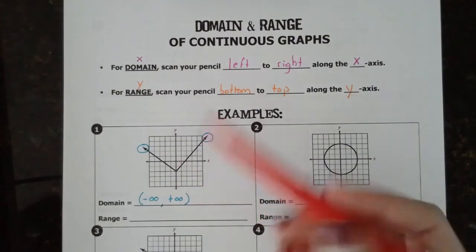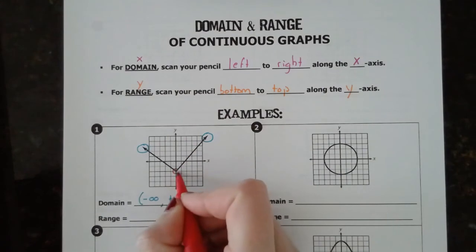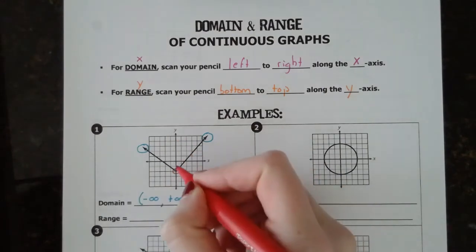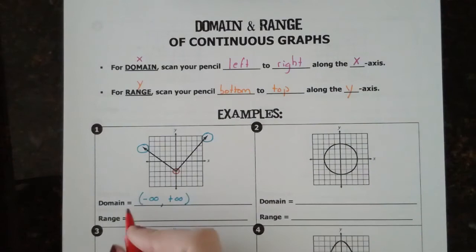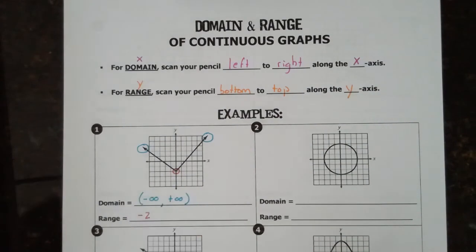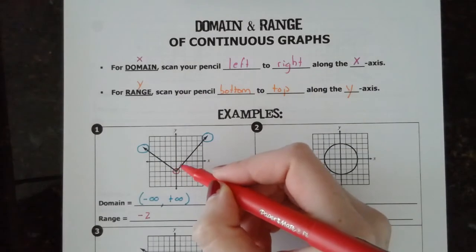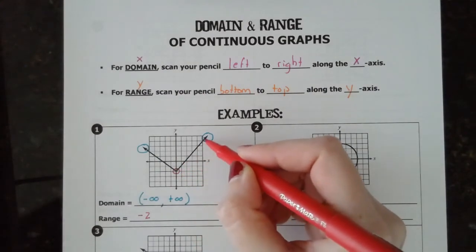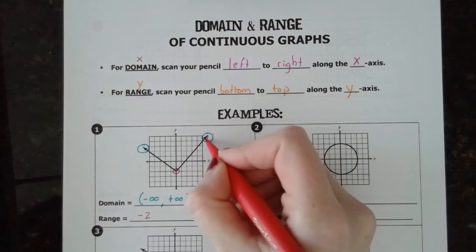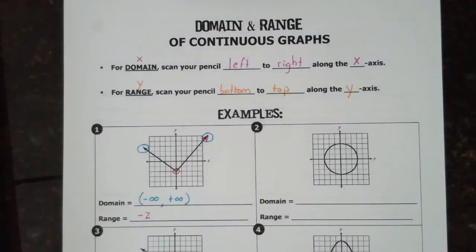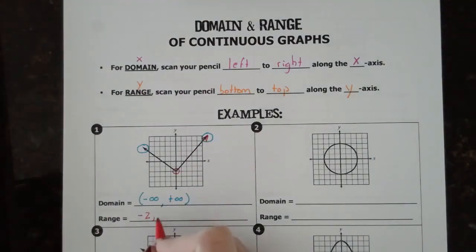So we're going to start at -2, okay? And then we are going to continue to follow our graph up, up, up. And as you can see, because our arrow continues to go up, that means that it too is going to continue on. Now, like with domain, we have an infinity, so we're going to put the parentheses.